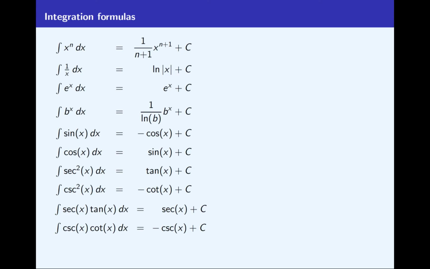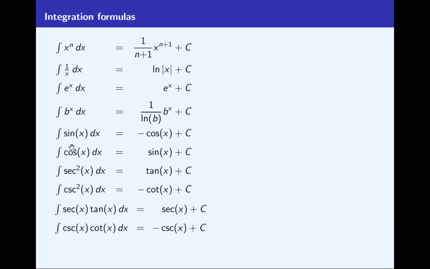And we had a whole list of integration formulas. For every differentiation formula we had for a function, we could write it in reverse and get an integration formula. So for example, the integral of 1 over x dx is ln of x plus c, meaning that ln of x plus c is all the antiderivatives of 1 over x, and you can confirm that by differentiating ln of x plus c, and you get 1 over x.